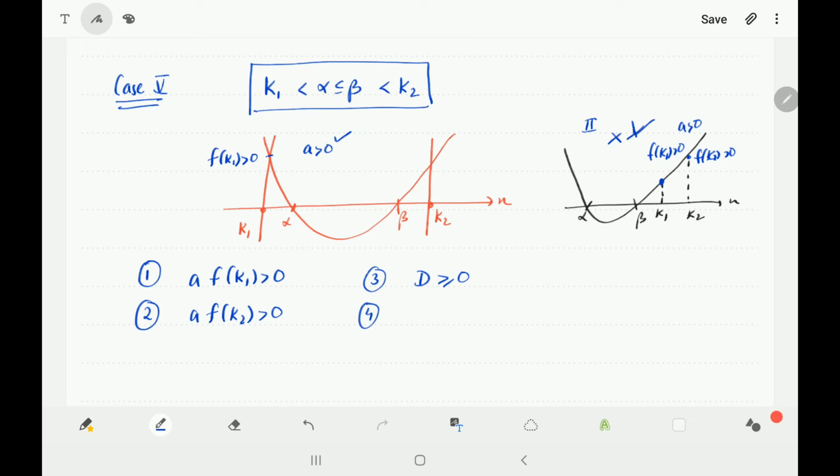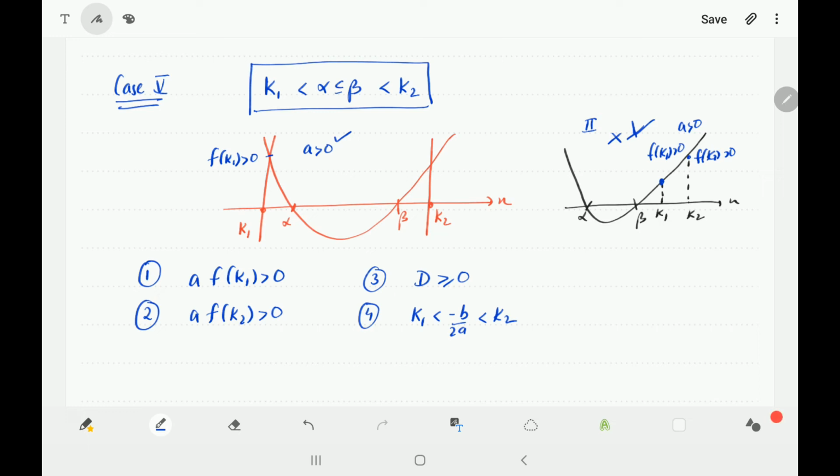So to distinguish between the red diagram and the black diagram you need to apply this condition, k1 is less than minus b by 2a less than k2. This will definitely give us the first particular diagram which was required in our particular case.